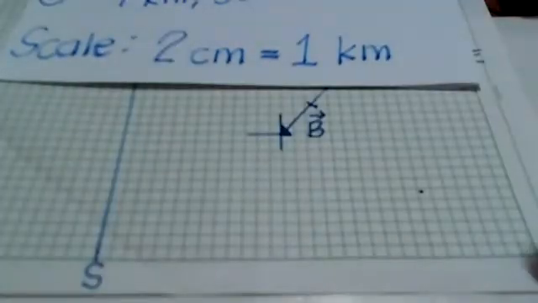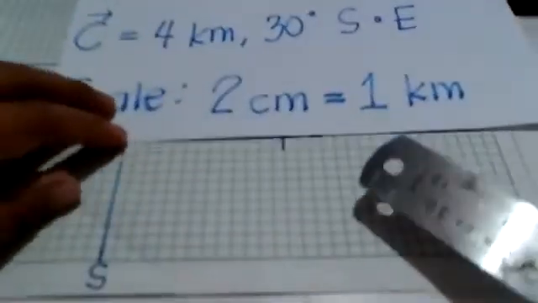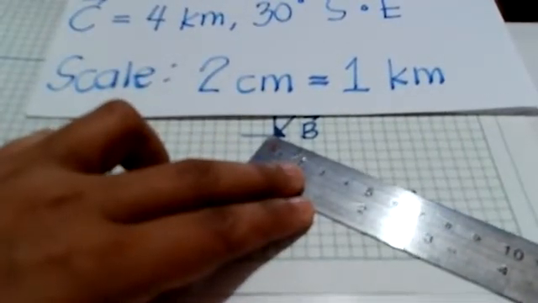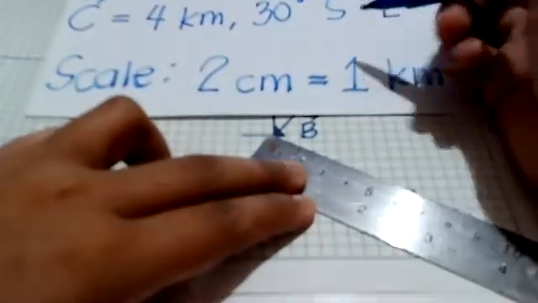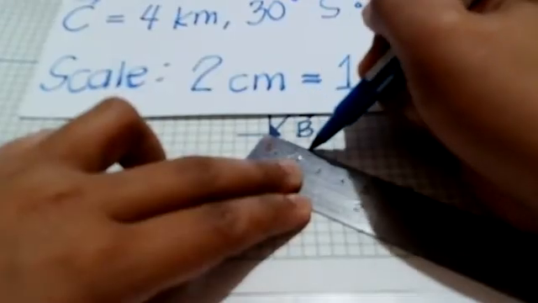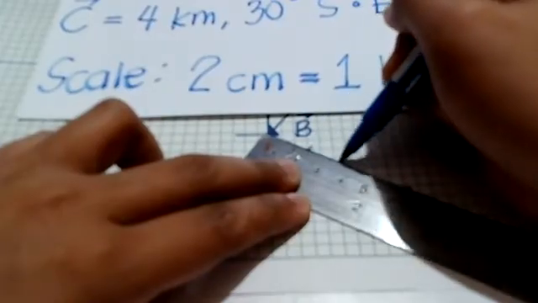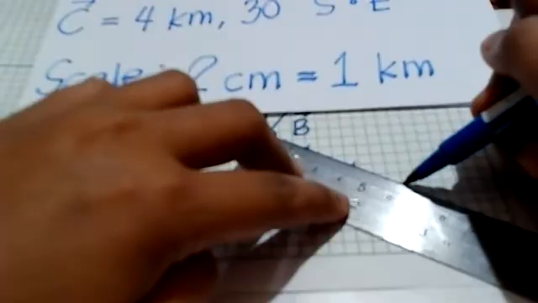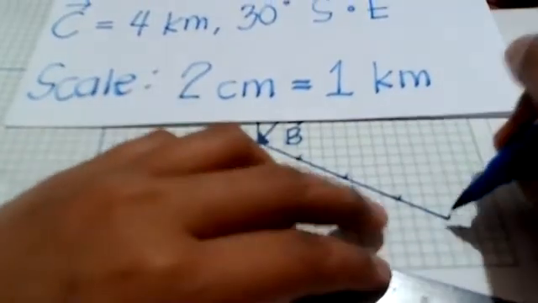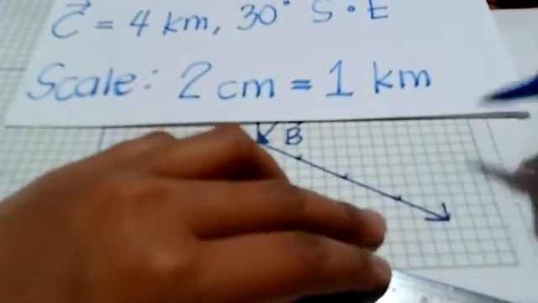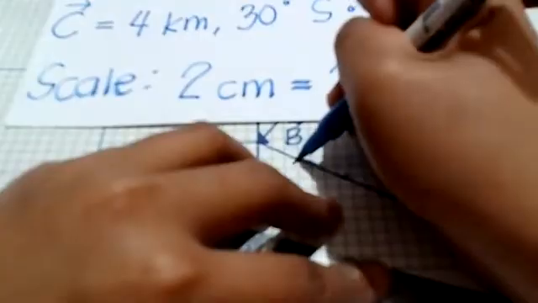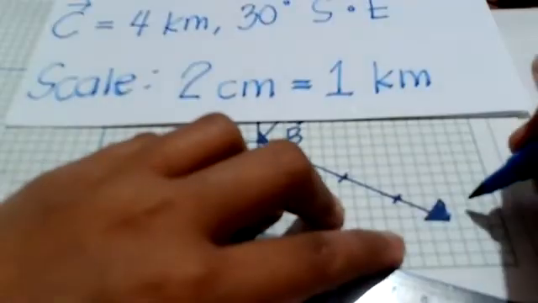And then get your ruler, 4 kilometers, again using the same scale. I have here 1 kilometer, 2 kilometers, 3 kilometers, and then 4 kilometers. Then put the arrowhead. I can now label this one as vector C.